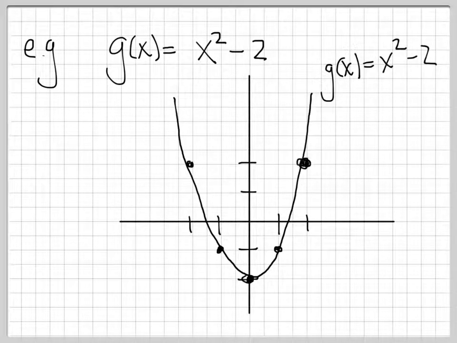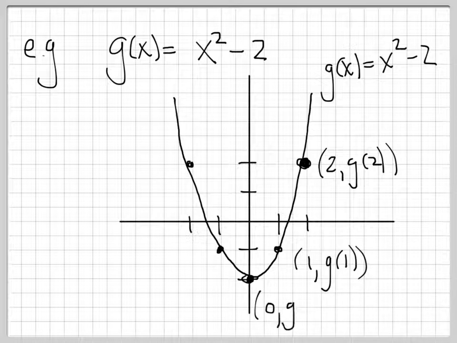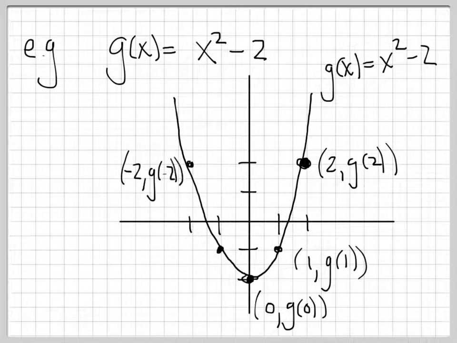And so here is the point (2, g of 2), (1, g of 1), (0, g of 0), and so on, (-2, g of -2).